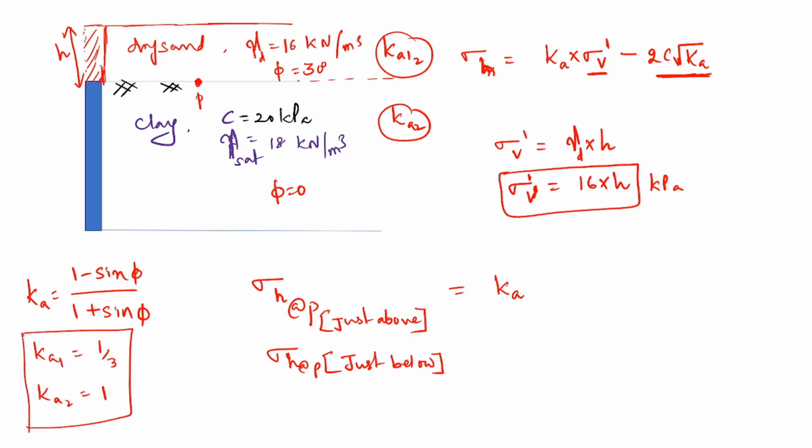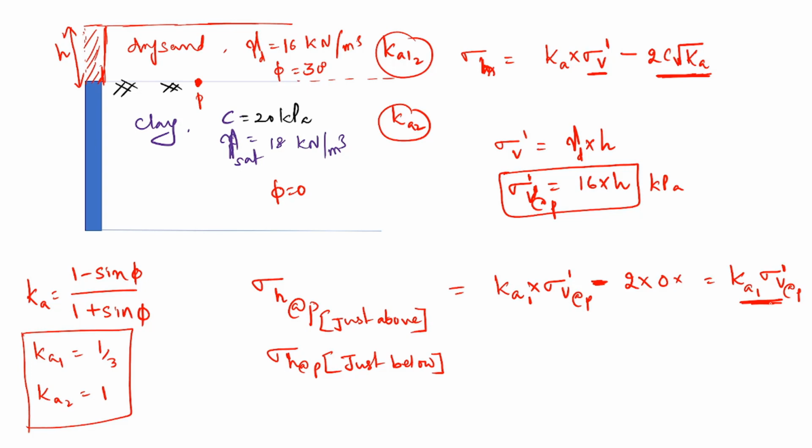So now if you take just above, at P only, just above we are falling in sand. When you are falling in sand, here Ka1 will come. So Ka1 sigma v dash at P, minus 2c root Ka, where c is 0 in the sand because we are falling in sand just above. So it will be Ka1 sigma v at P. So it's a positive value.